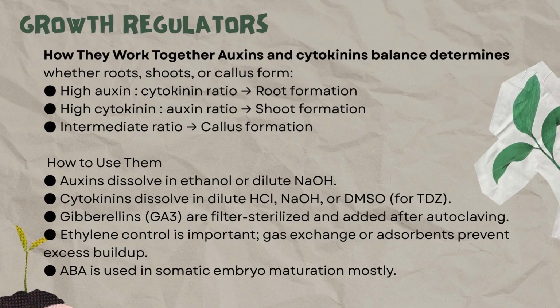Ethylene management is also crucial. Too much can inhibit growth, so make sure there is good gas exchange or use adsorbents. And for those working with embryos, abscisic acid helps in the process of somatic embryo maturation. Each step ensures the right hormone content and a healthy plant culture.